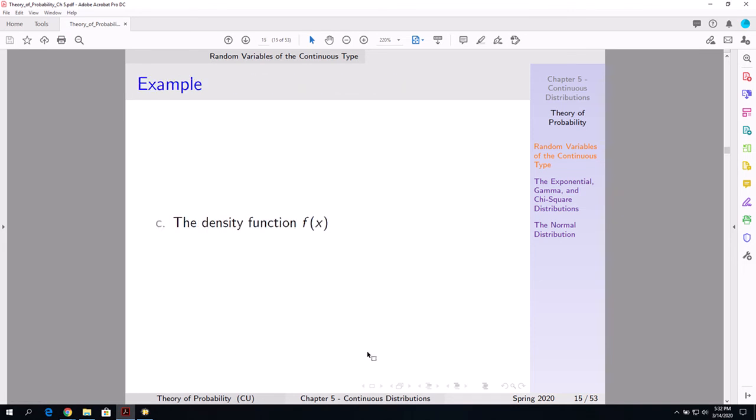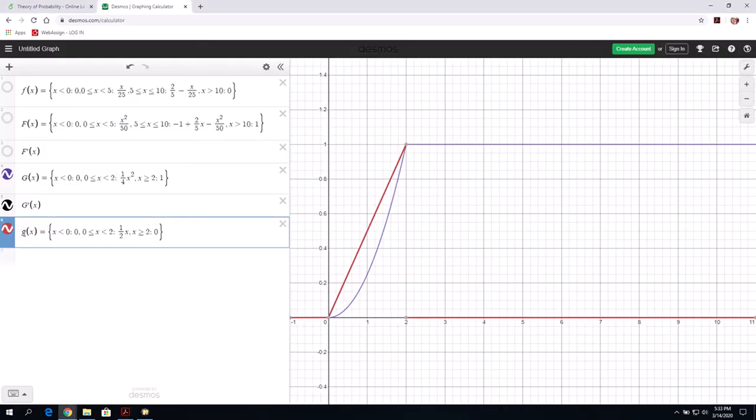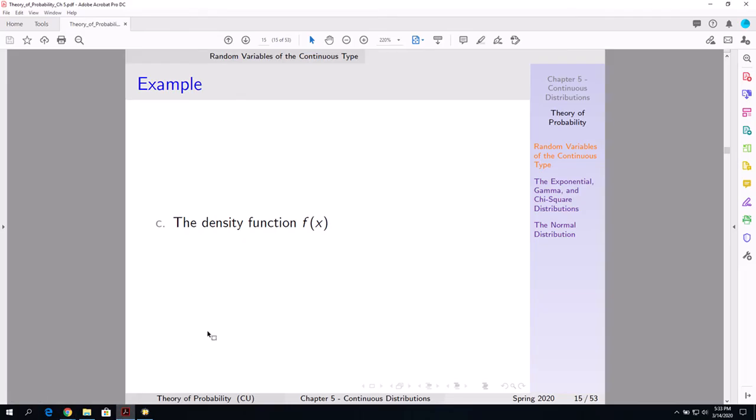So we found that density. I put F, but over in Desmos I used little g for it. This is what it is: it's 0 before 0, it's 1/2 x between 0 and 2, and it's 0 after 2. So that's the density of that thing.